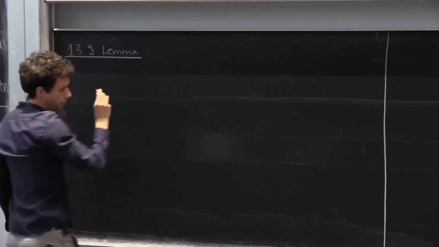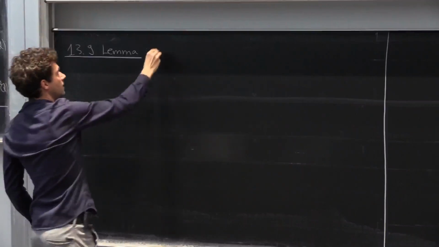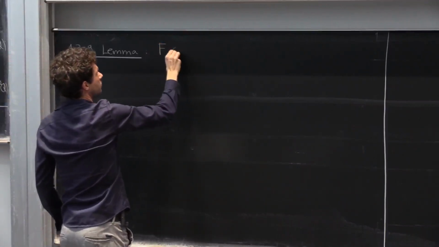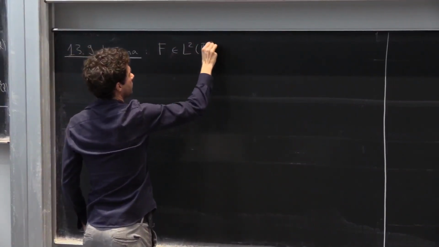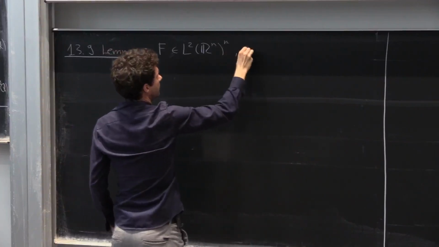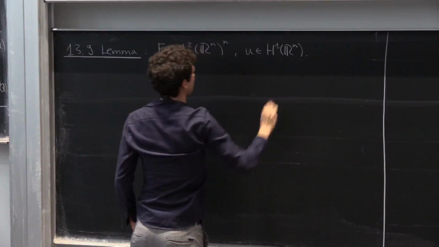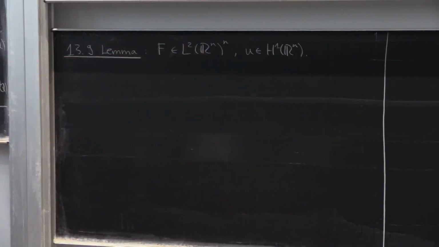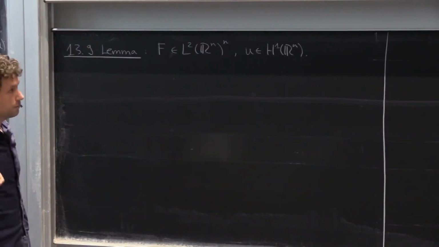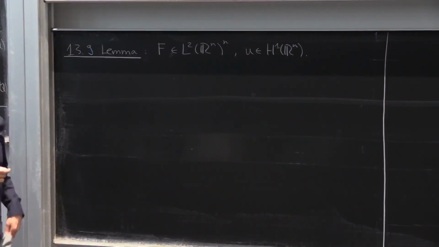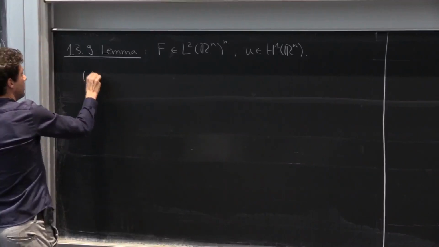Okay, so 13.9 lemma says if I take f in L2, so I take a vector field in L2 and I take a scalar function in H1, then these Q operators, they give rise to three properties. And now this lemma will be for you a perfect opportunity to catch up with all the things you know about square function estimates, Kato for self-adjoint operators, and the Calderón reproducing formula, because we're going to use it all at once. Okay, so there are three things.